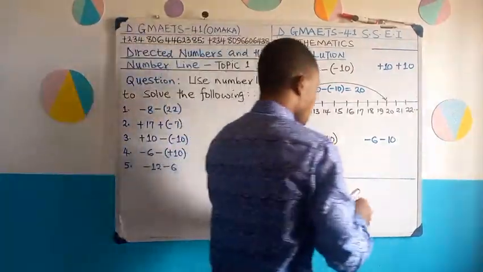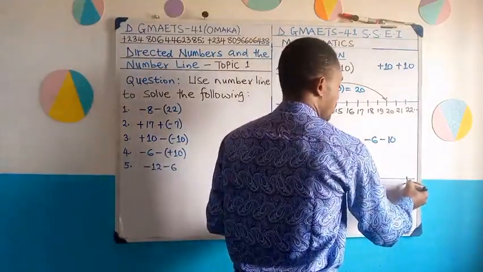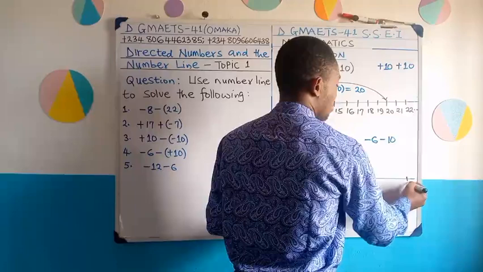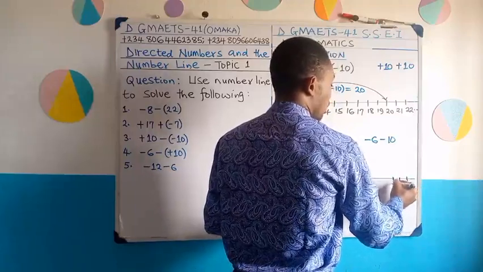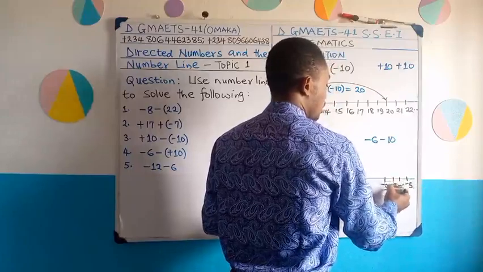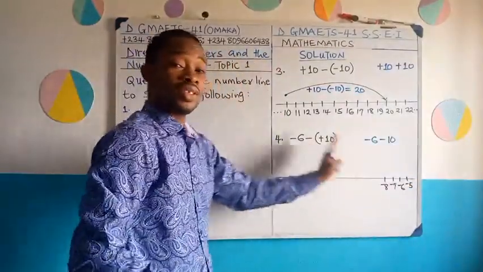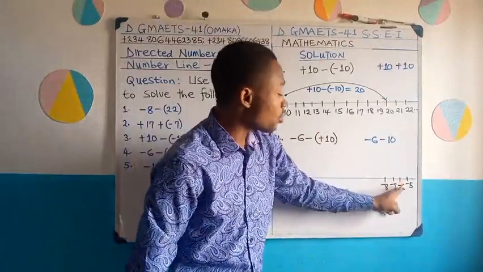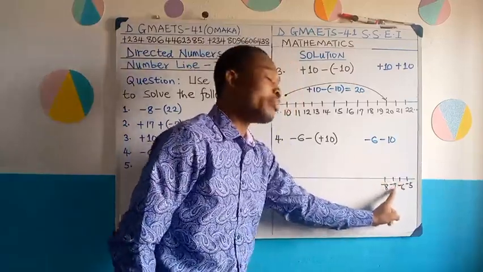Now our starting point is minus 6. Let me start with minus 5, then minus 6, minus 7, minus 8. Remember, if we are to move to the left, and our starting point is minus, once you start with minus of a number and you are moving to the left, what will be happening will be minus numbers.